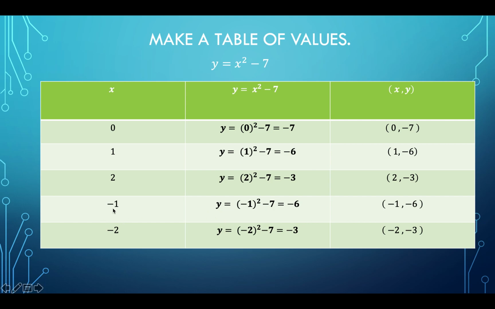So our y value is negative 6, and our coordinates are negative 1, comma, negative 6. If I give you negative 2, we plug negative 2 in for x. So we have negative 2 squared minus 7. Negative 2 squared is 4. 4 minus 7 gives us negative 3, so our coordinates are negative 2, comma, negative 3.